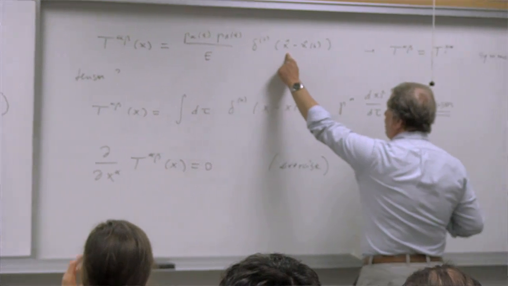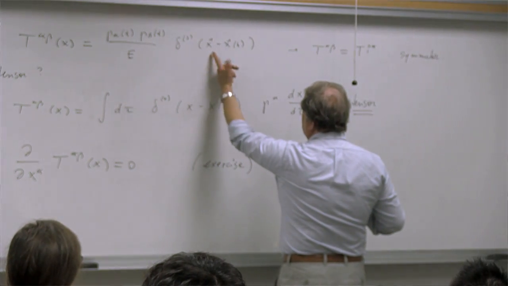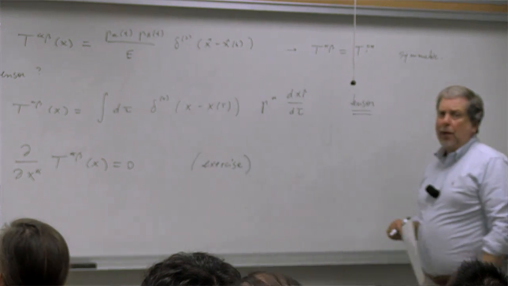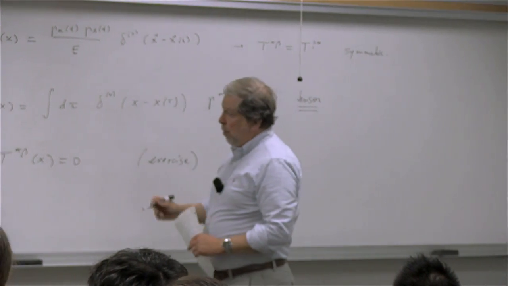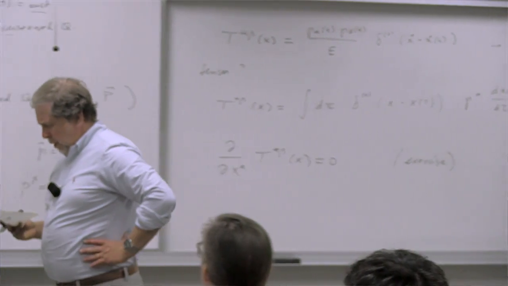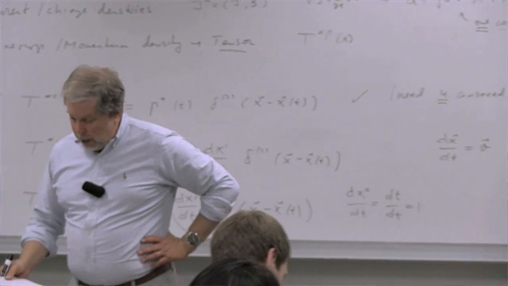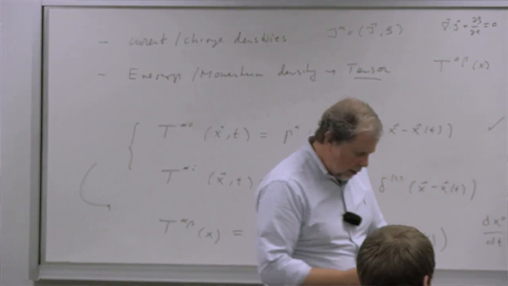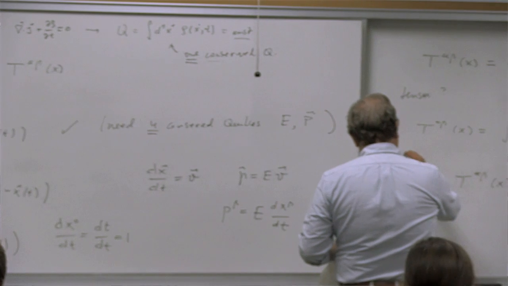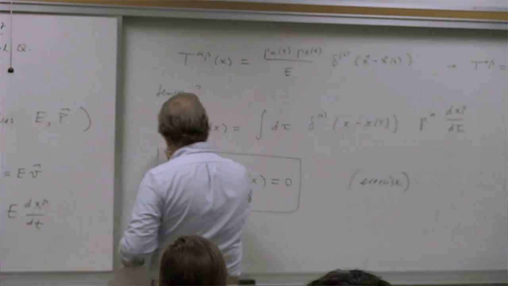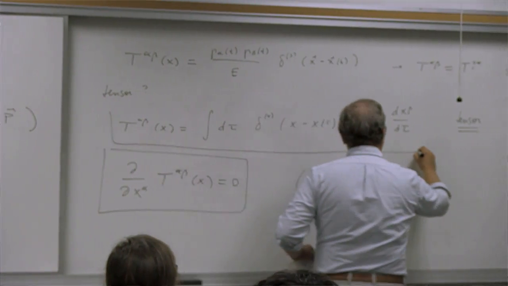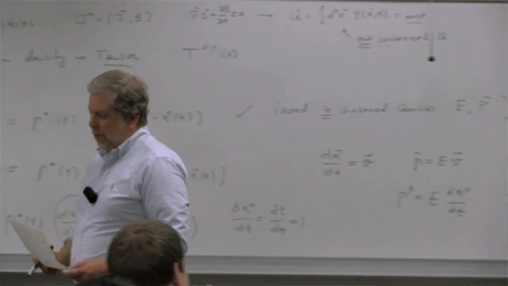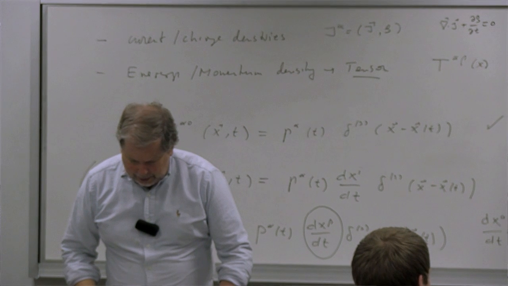So you get a gradient with respect to this x, which you can write as minus a gradient with respect to the trajectory. Right, and then if you do that, you end up with the naught component of the energy momentum tensor, and so this is conserved. So that's another important result, and so we'll put a box around that, and we can put a box around this one too, because those are the two most important properties of this object, right?